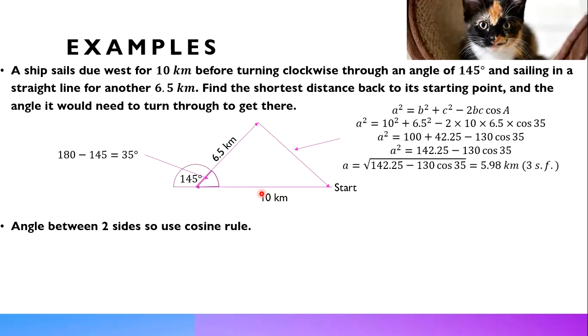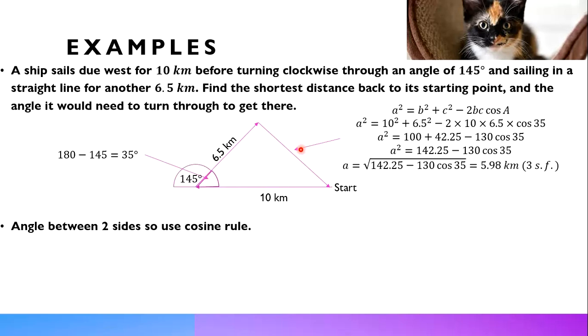So a squared equals b squared plus c squared minus 2bc cos A. We're going to call this the A side. A squared is going to equal 10 squared plus 6.5 squared minus 2 lots of 10 lots of 6.5 lots of cos 35.